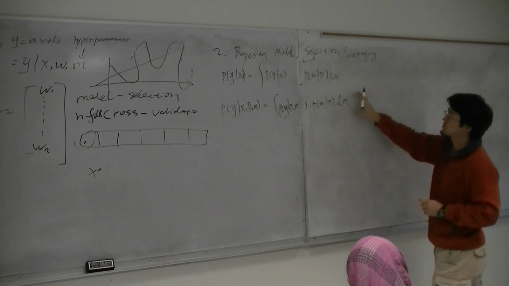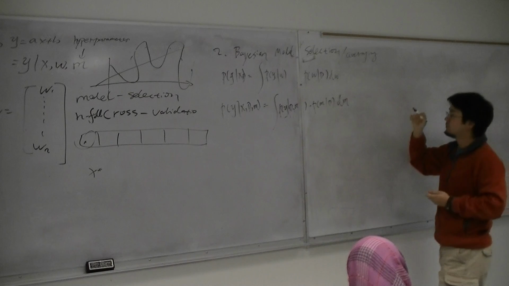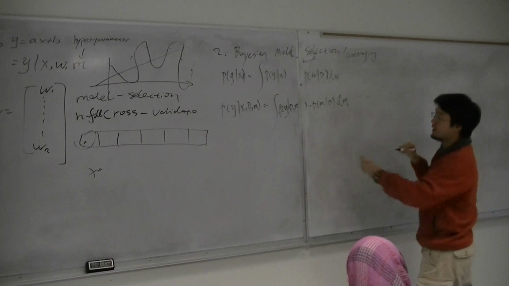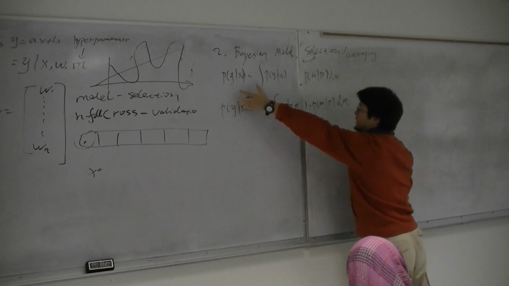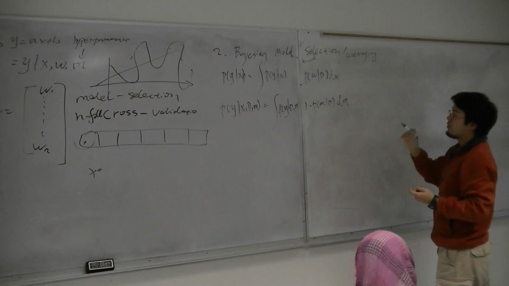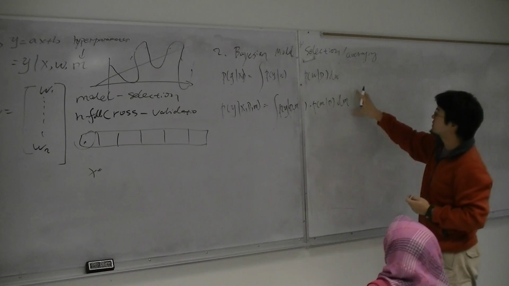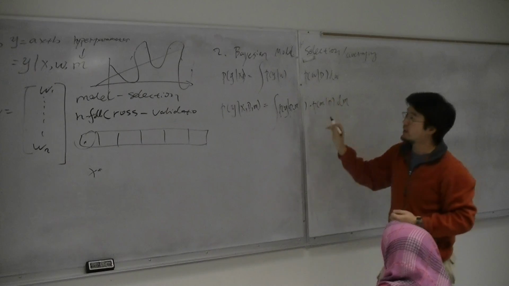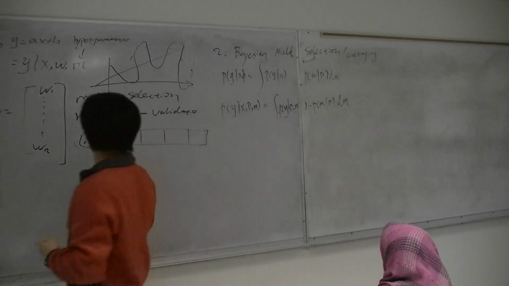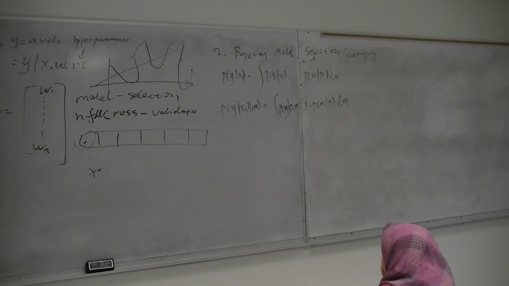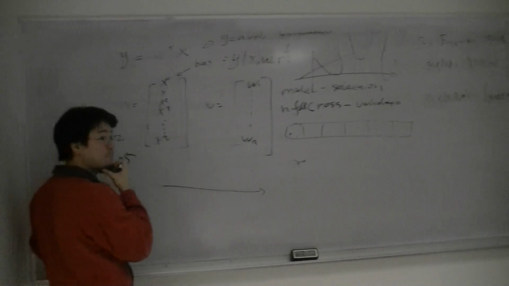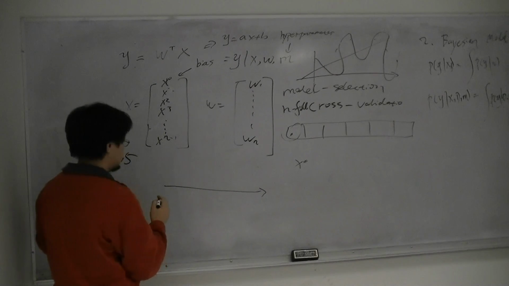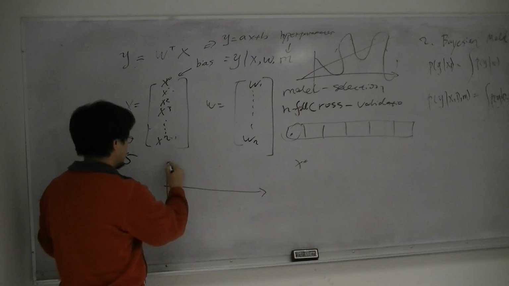So the idea is just basic. It's not anything fancy. And this term actually is this guy. So they are the same. This is Bayesian model averaging. So given data, the distribution of the model probability is, I can just draw an arbitrary posterior distribution of a model.